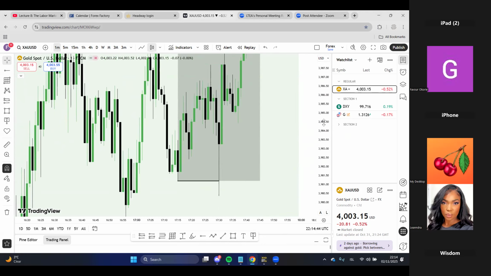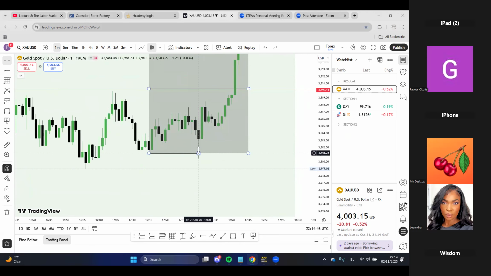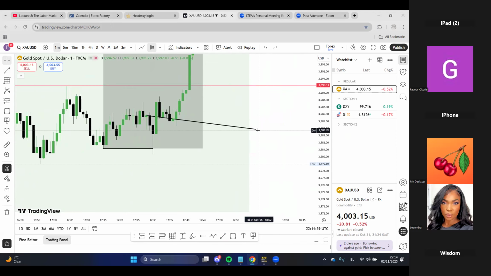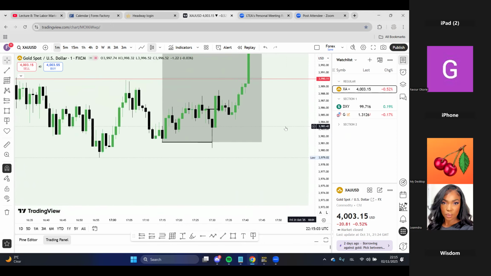Now, at the time price took out this low right here, where is the internal high that took it? Right here. If price disrespects this internal high, that is a change in state of delivery right there. So you can look for some kind of point of interest to enter this trade.